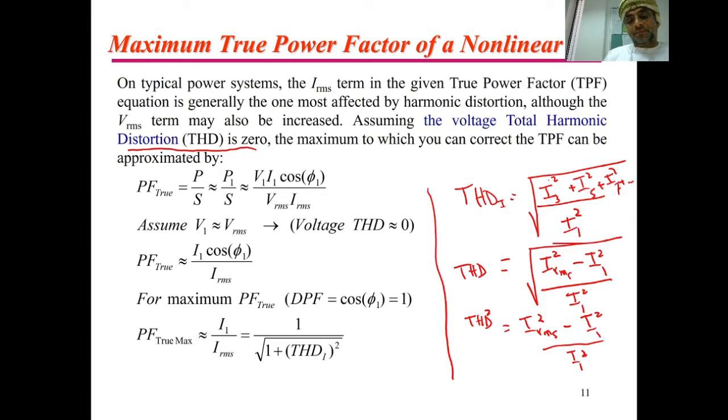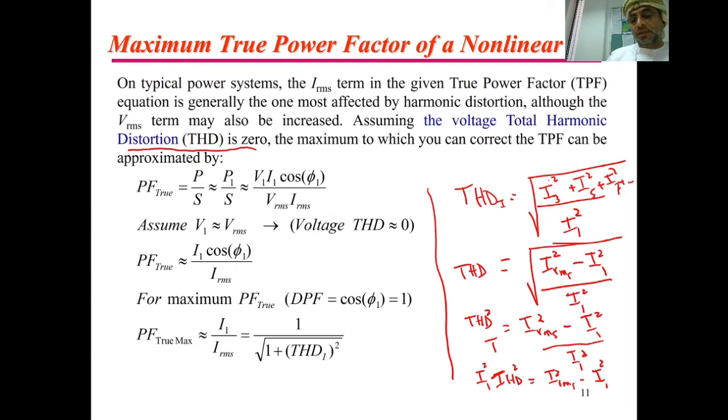Then if you find I1 in terms of I root mean square, we can say that I1 squared times total harmonic distortion squared is equal to I root mean square squared minus I1 squared.